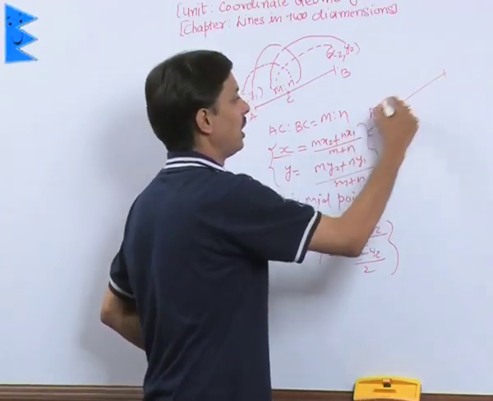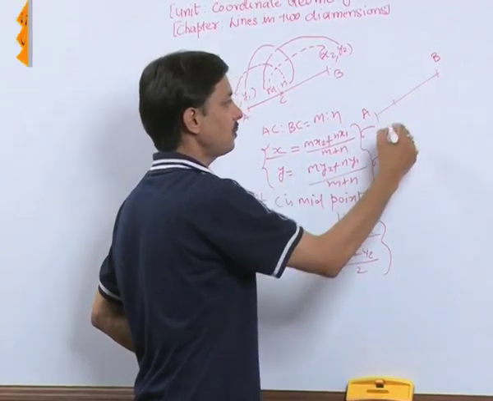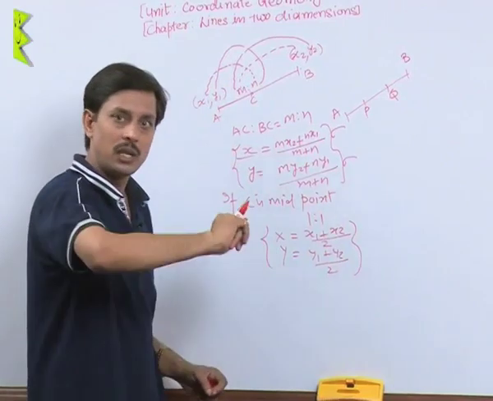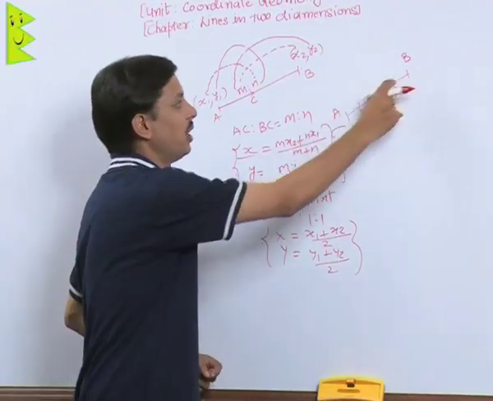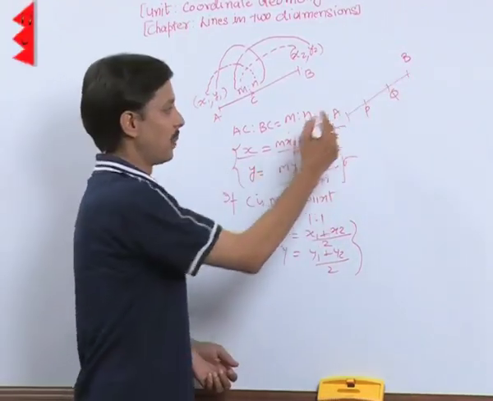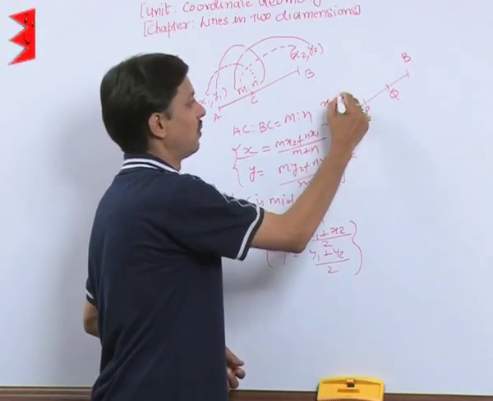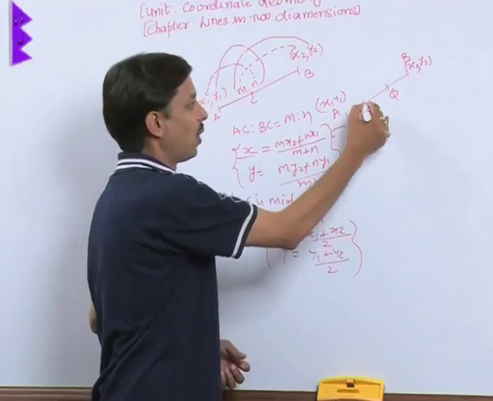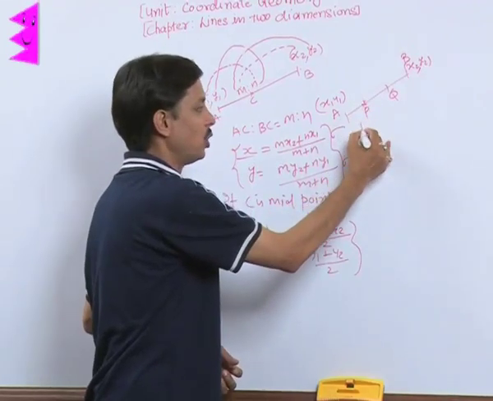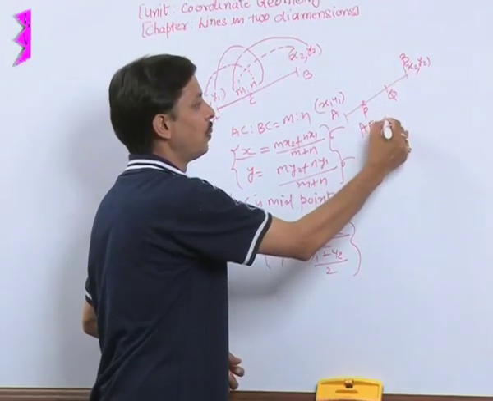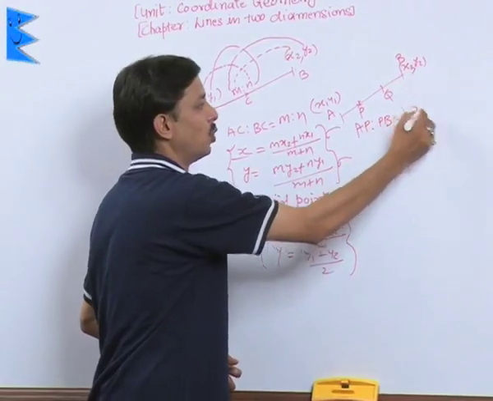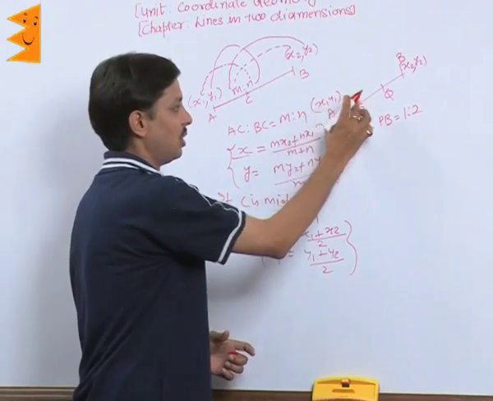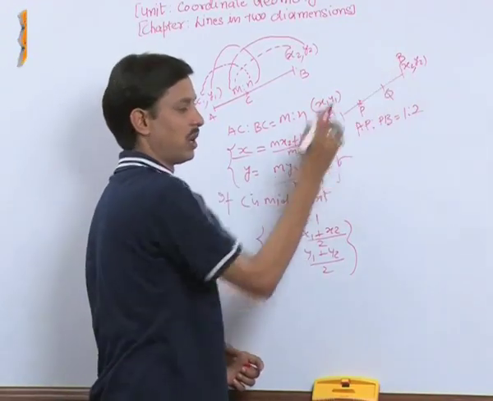Suppose this is a point A, this is a point B. There are 2 points P and Q. These points trisect the joining of A and B. Suppose coordinates at A are x1, y1, coordinates at B are x2, y2. And for trisection, the ratio of AP is to PB will be 1:2, because trisection means 3 separate, equal parts. This is 1, this is 1, this is 1.